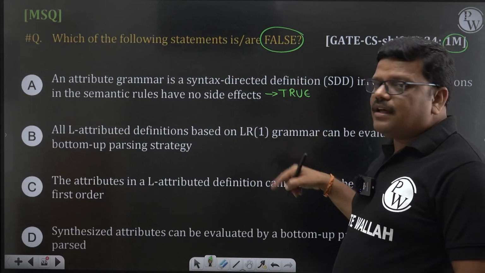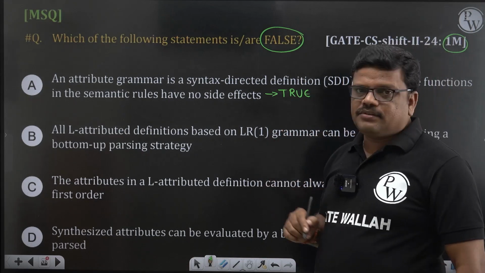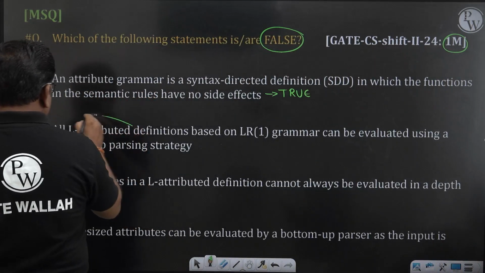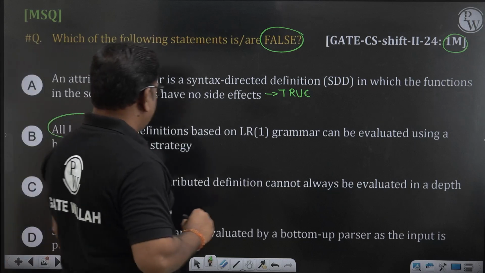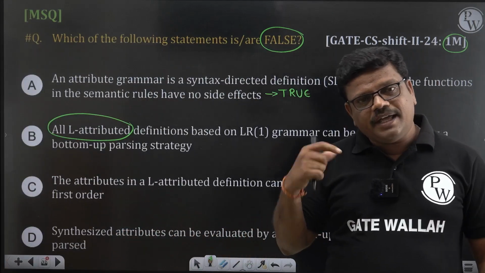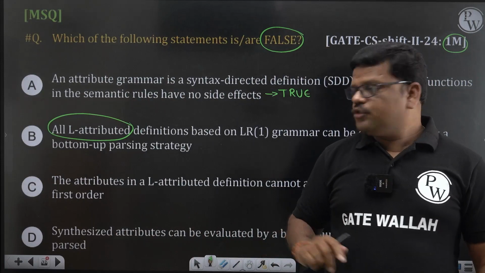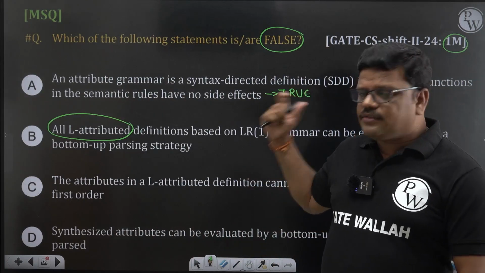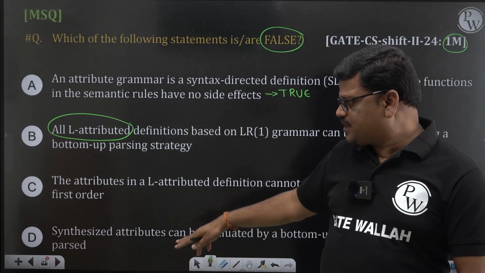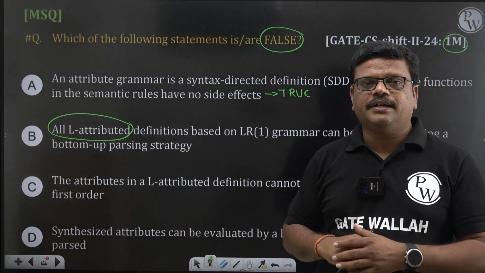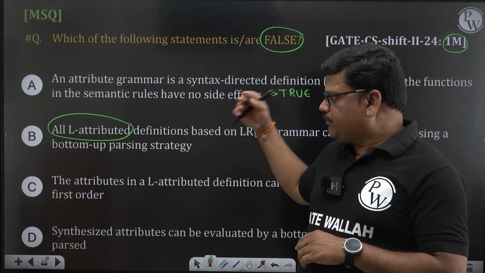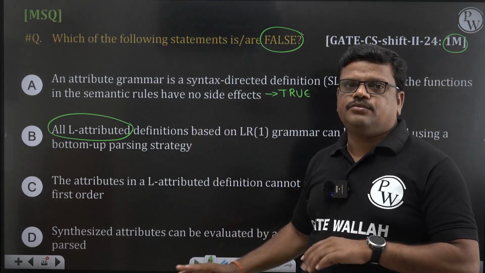So, all L attributed definitions in bottom up parsing means it is difficult, because what type of attributes L attributed means, whenever L attributed definition is there, synthesized attribute and inherited attribute both are there. B and D options are almost interconnected. So, let me explain this. After this B, immediately I will explain this D, so that it is easy for you.